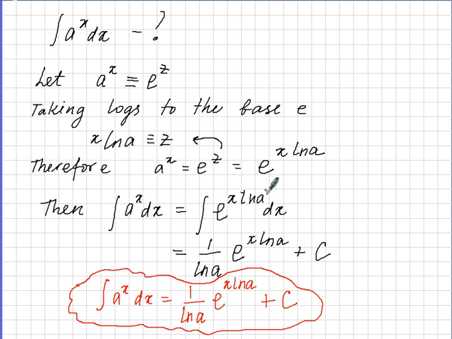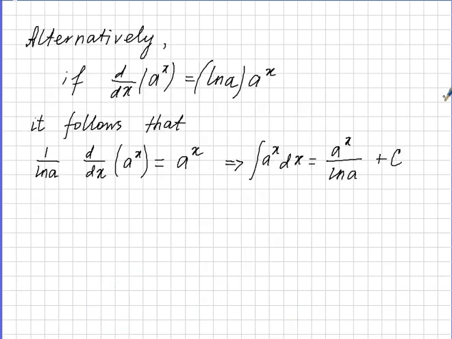So following the standard rule, we'll have our constant taken out of the integral, only we have to divide by that constant: 1 over ln a times e to the power of x ln a plus c. So here is our result that we are going to use in the next examples.